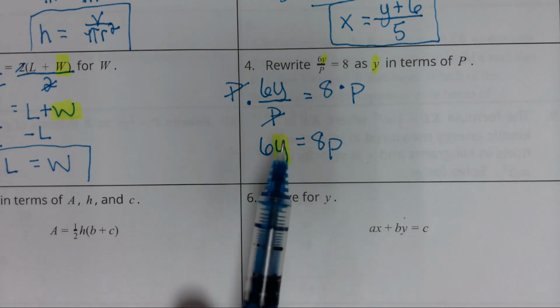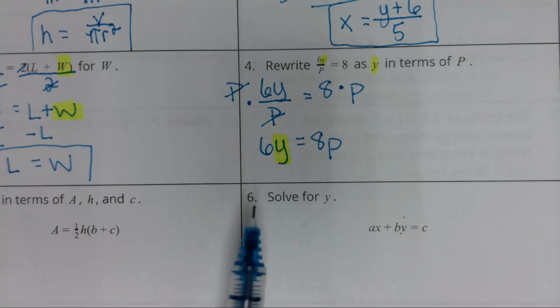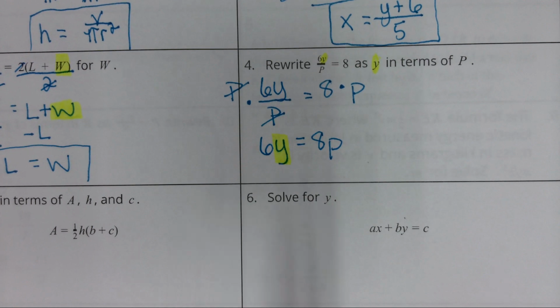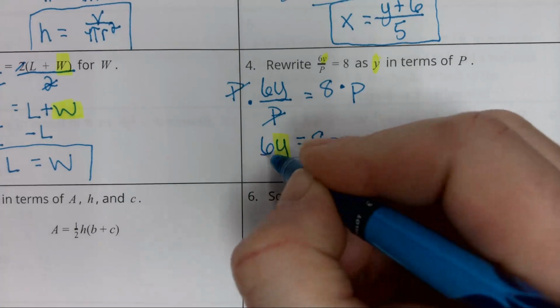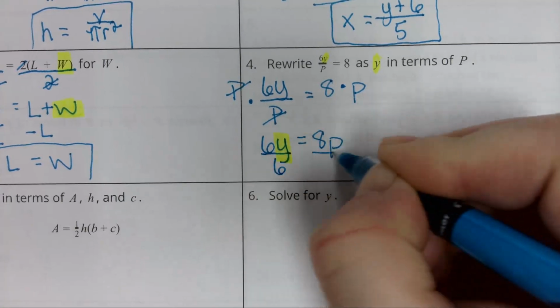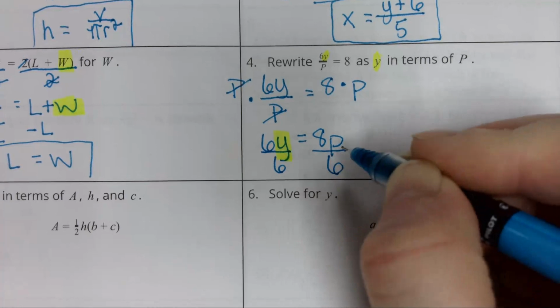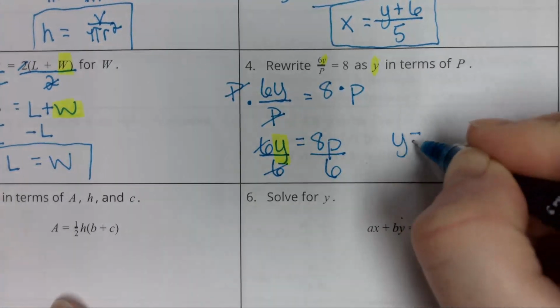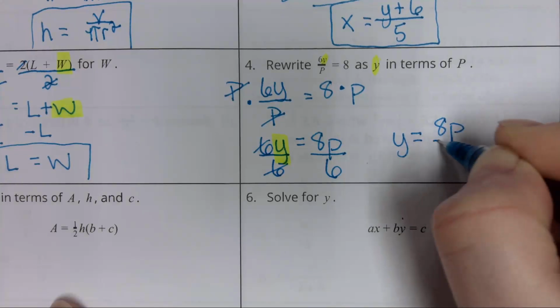So it is multiplication. So let's undo multiplication. How do we undo multiplication? Let's divide both sides by 6. Y equals 8p over 6.